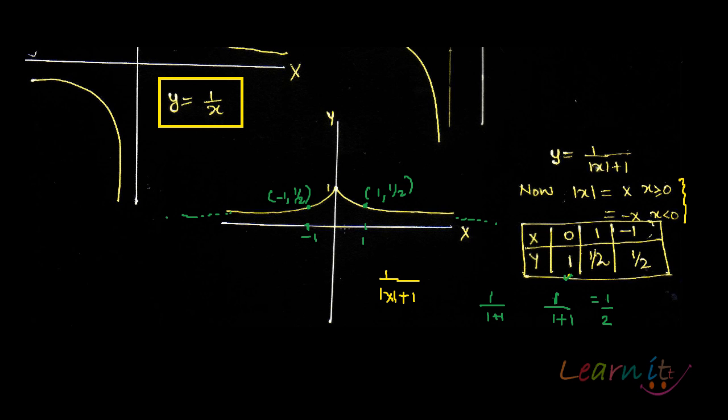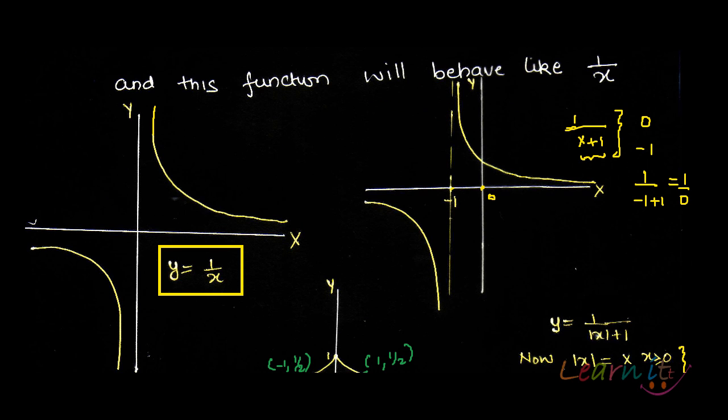Now the logic behind this is that, as mod x is always positive, we have to remove the portion of the y equals f(x) graph, the f(x) that we took, where x is less than 0. In this graph, you just neglect the negative part out here.